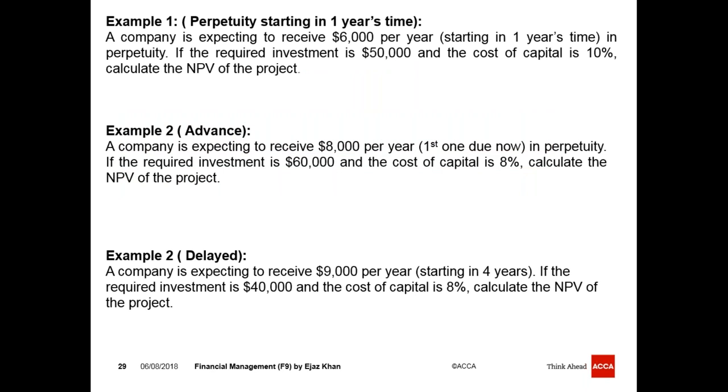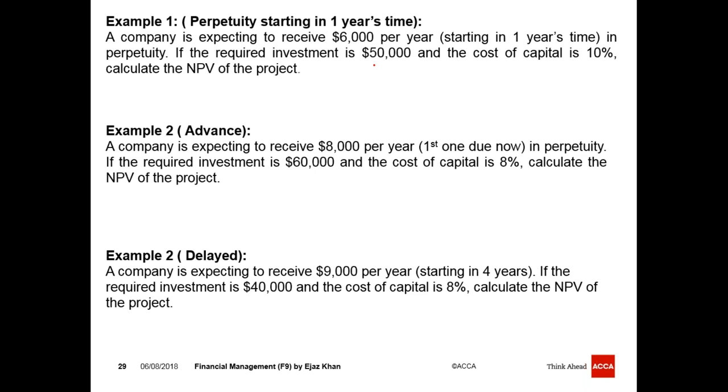Now, if you look at example one, a company is expecting to receive $6,000 per year, and it's an ordinary annuity starting in 1 year's time. But you will be receiving it in perpetuity, meaning forever, for an indefinite period of time.